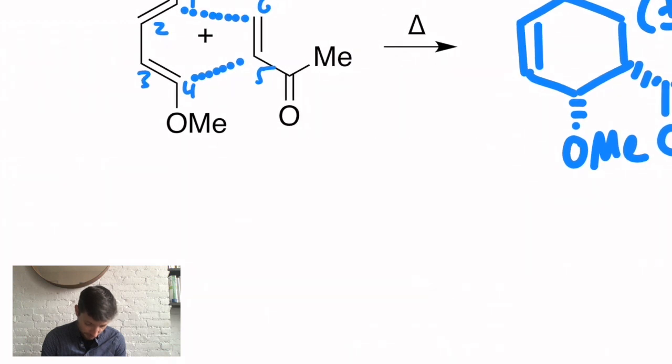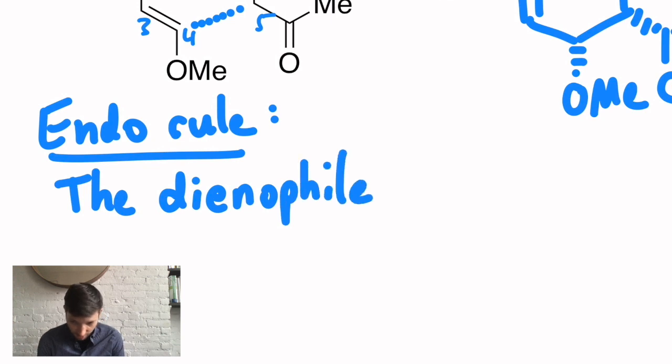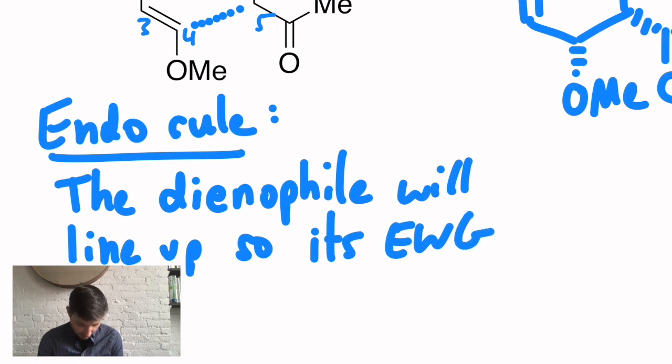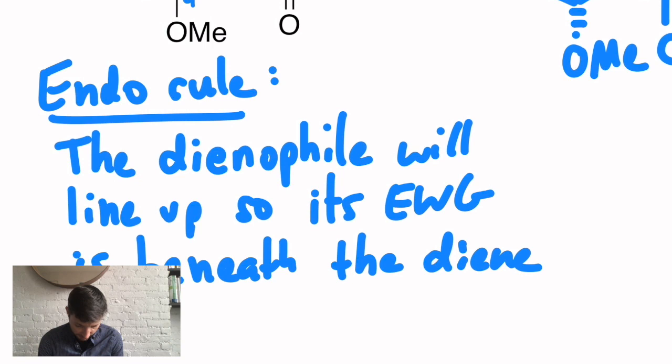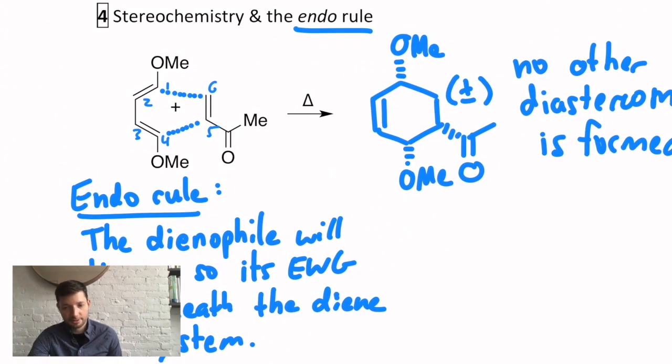So the endo rule states that the dienophile, in this case that methyl ketone, will line up so its electron withdrawing group is beneath the diene pi system. The dienophile will line up so its electron withdrawing group is beneath the pi system.